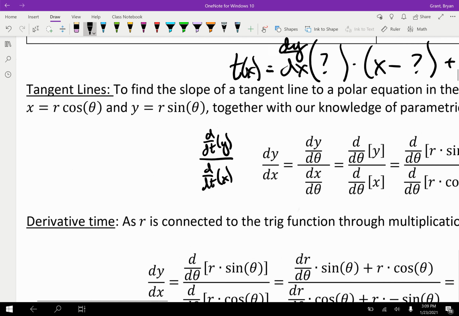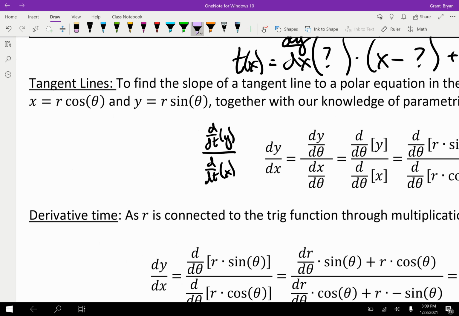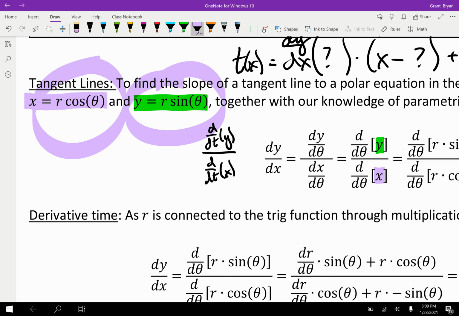Well, hopefully you're saying, oh, yeah, we remember those identities. We actually just briefly touched on them. X is created by r cosine of theta, and y is created by r sine of theta. So when I'm looking for d theta of y over d theta of x, that means we're going to be taking the derivatives of these two identities.